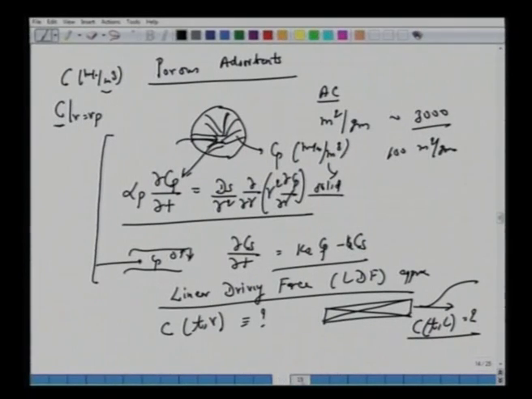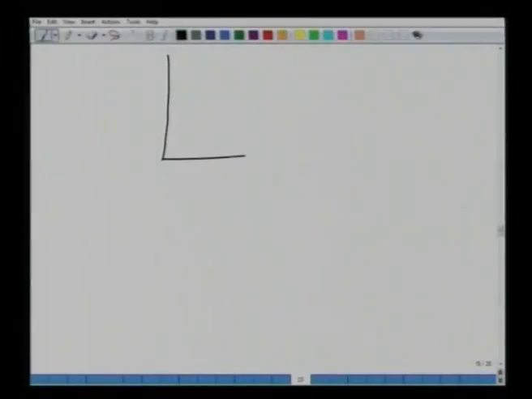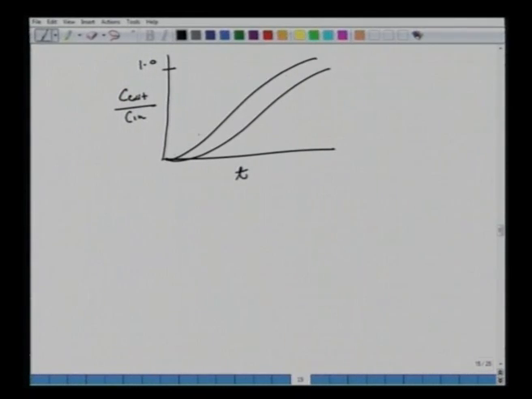Alright. So the idea of all this mathematical treatment is that we can predict C exit over C in for different times, for different conditions, for varying flow rates or varying amounts of adsorbent or varying particle size, etc. One can do this kind of model prediction and see how one can fit the experimental data.